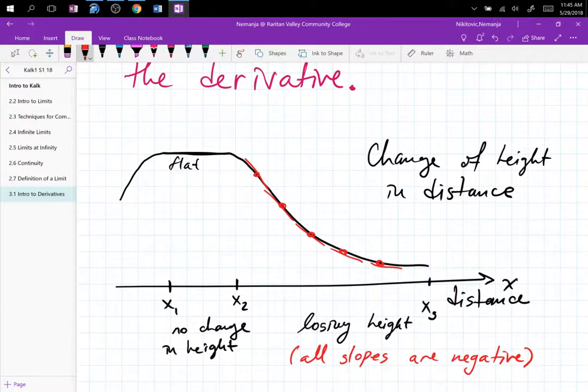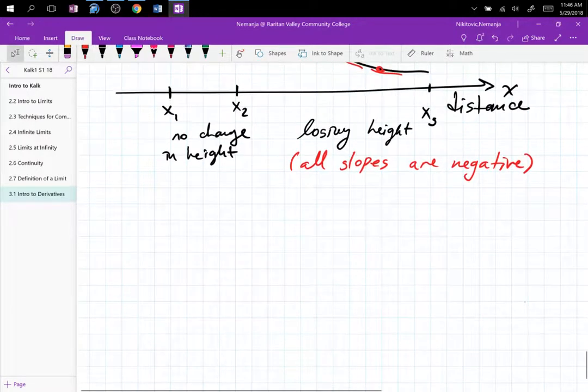So now we have the idea of what the derivative is, and it is related to the tangent line. So what we have now is some kind of a procedure.